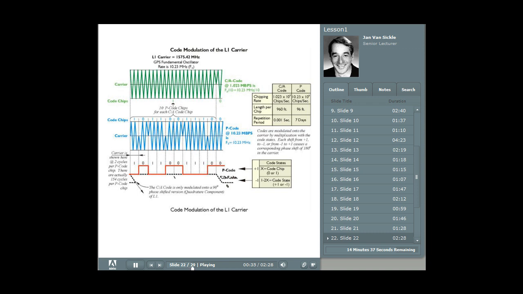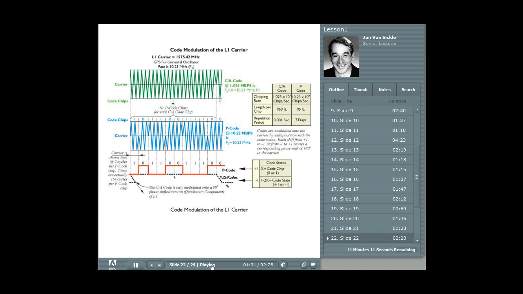There's this shift from the 1 to the 0 and back to 1. And this is represented by this red square wave. Now see that the CA code is also represented by a square wave that is turned 90 degrees, or in quadrature, to the P code. This is one of the ways in which the carrier can carry both codes simultaneously on L1.